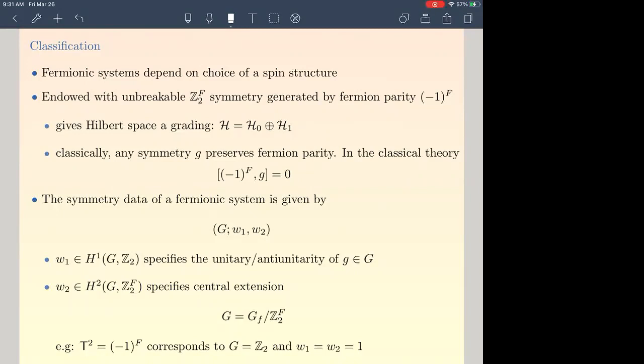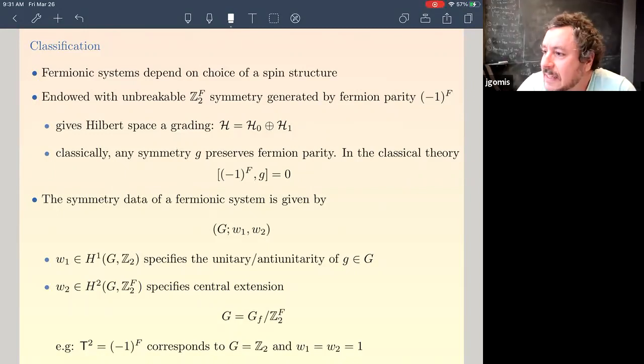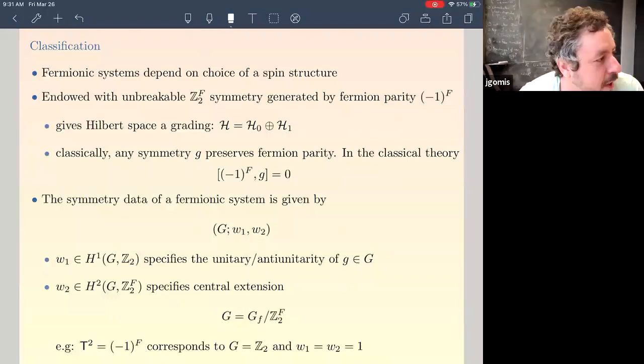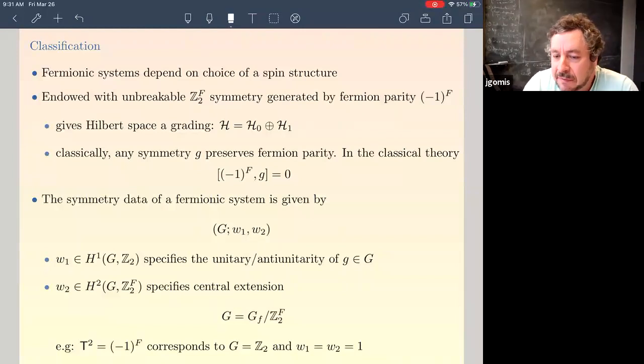Are there systems which are written in terms of fermionic fields, but somehow they have some additional gauge invariance which doesn't satisfy this property, and they're not fermionic? There are systems that at first would look fermionic, but they're not. A very simple example would be to take a U1 gauge theory with a Dirac fermion. (-1)^F is part of the gauge group, because the gauge group includes the element that maps psi to minus psi.